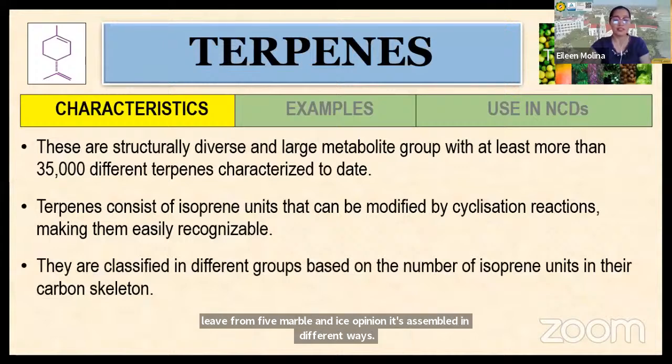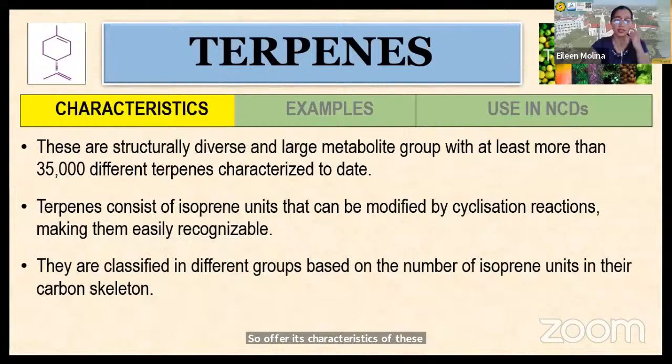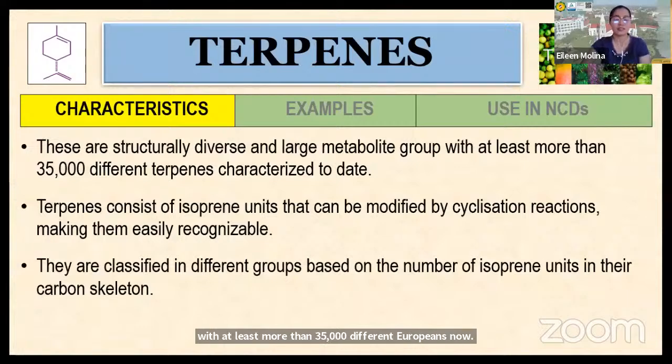For its characteristics, they are a structurally diverse and large metabolite group, with more than 35,000 different terpenes characterized to date. The terpenes consist of isoprene units that can be modified by cyclization reactions, making them easily recognizable. They are also classified in different groups based on the number of isoprene units in their carbon skeleton.